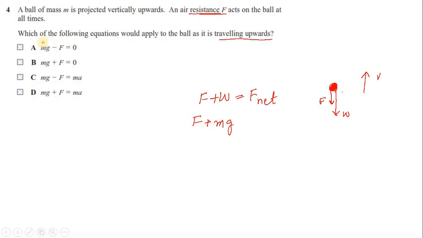Because I am looking at the options, we don't have W, so F plus mg is equal to F net, and according to Newton, net force is always ma. So this is the equation for the motion of this type of object, and your option should be D.